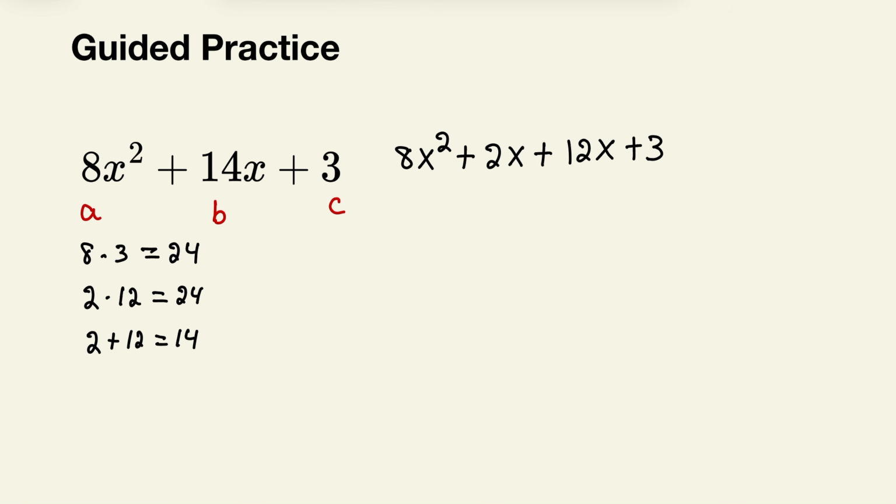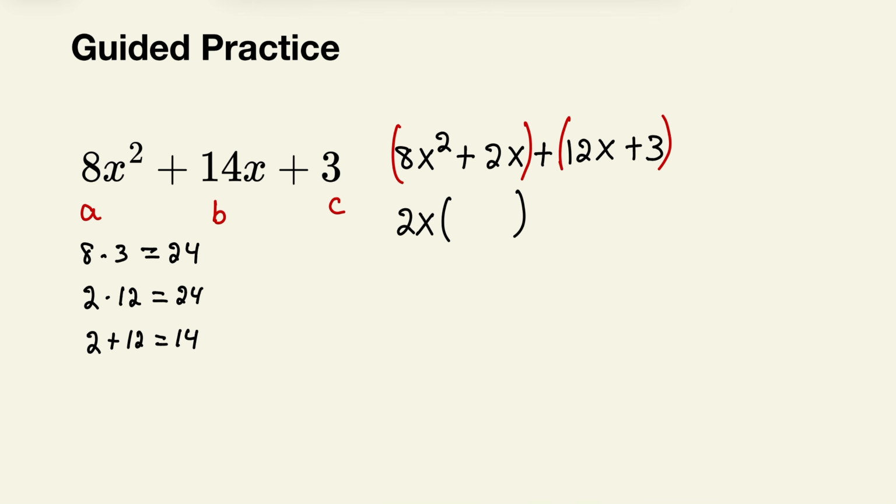All right, so now let's factor each group as I've stated here. So we'll place parentheses around 8x squared plus 2x, and around the second group, 12x plus 3. All right, so now let's go ahead and factor each group. So we'll factor out a 2x here. So 2x times, and ask yourself, 2x times what is 8x squared?